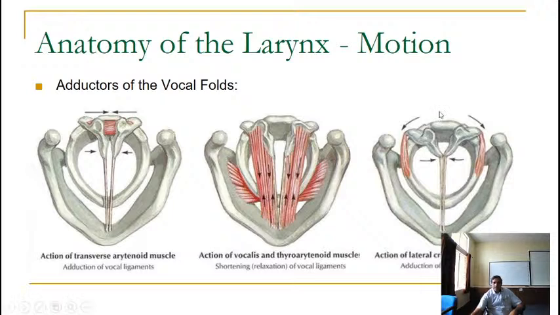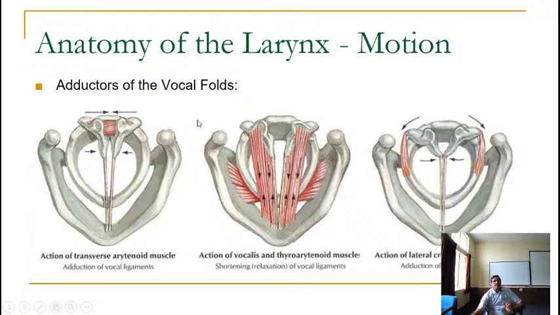Now that is as far as the vocal cords are concerned. Then you have the space between the arytenoids, and there is a muscle called the transverse arytenoid muscle. This transverse arytenoid muscle brings both the arytenoids together, and so the gap between the arytenoids is also closed.